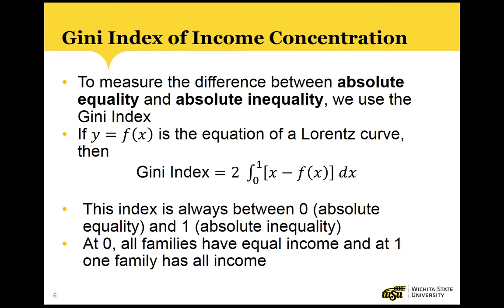So, if we have y equals f of x as the income distribution, and it is represented by a Lorenz curve, the Gini index looks like the following: 2 times the definite integral from 0 to 1 of x minus f of x dx. This index is always between 0, which represents absolute equality, and 1, which represents absolute inequality. At 0, all of the families are going to have an equal income, and at 1, one family has all of the possible income.